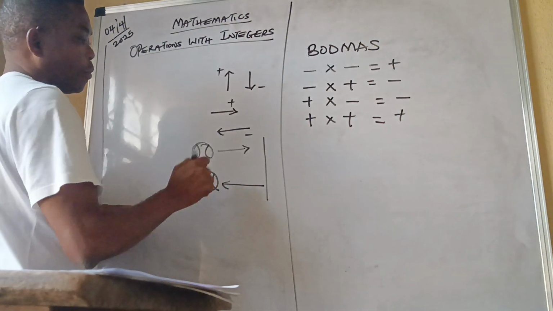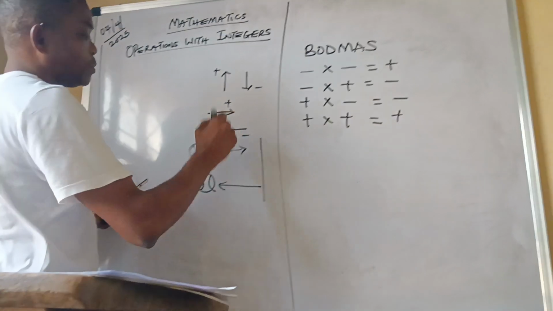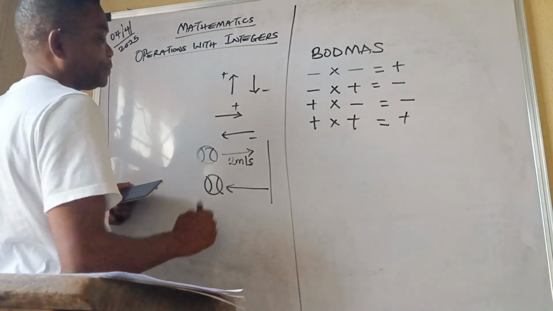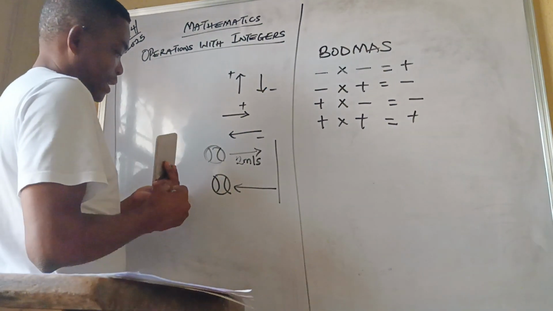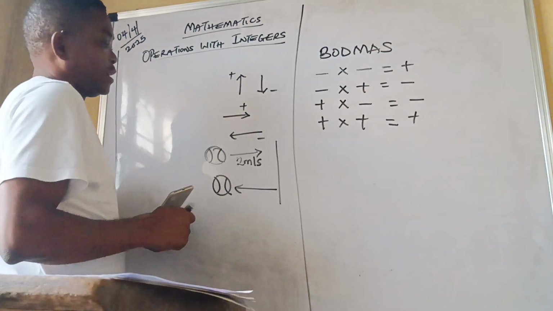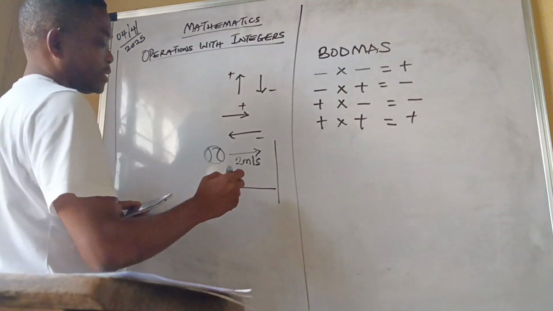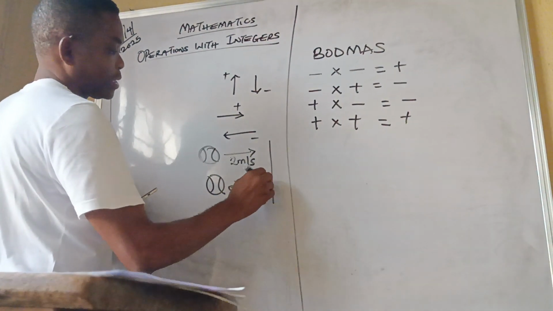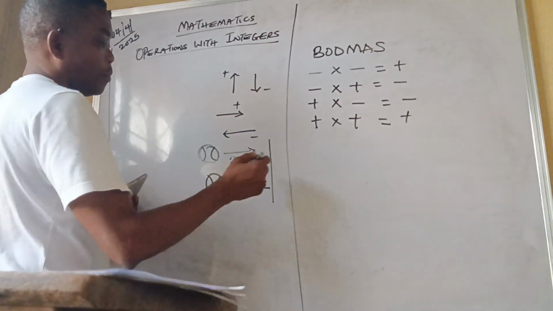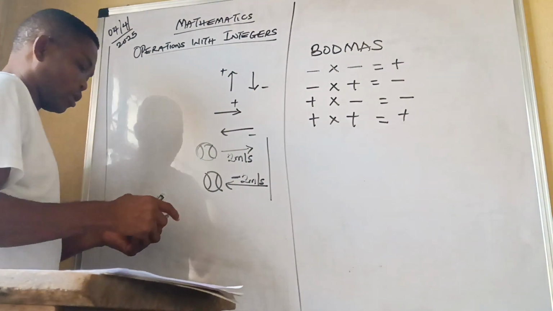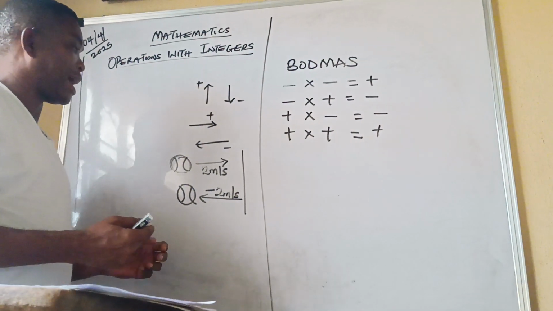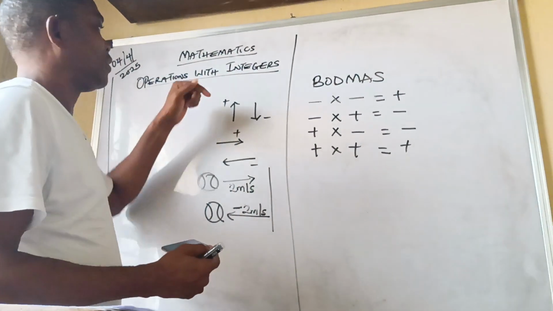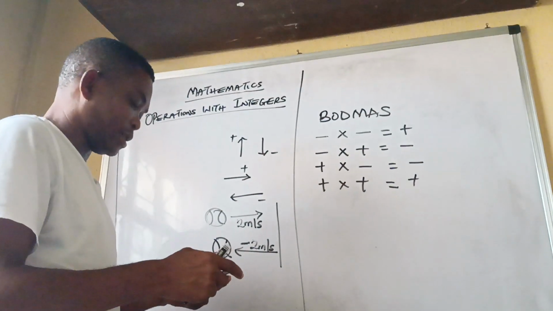So it means that if this ball is moving maybe with a speed of 2 meters per second initially, and it rebounds back in the same speed, it means that it's going to be negative 2 meters per second. It's moving back with the same speed, but in an opposite direction. So this is what the introduction is trying to tell us, that when you move up, it denotes positive. When you come down, it denotes negative.